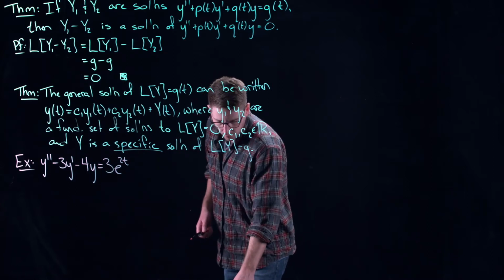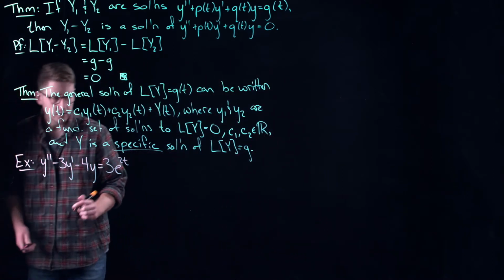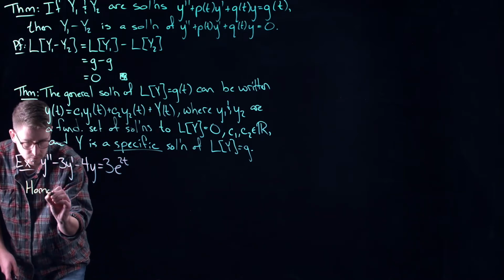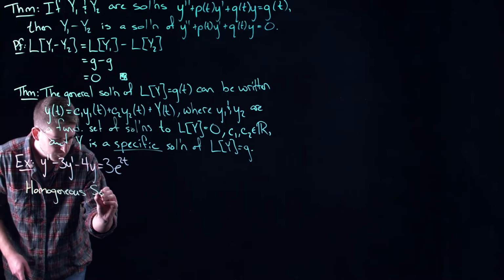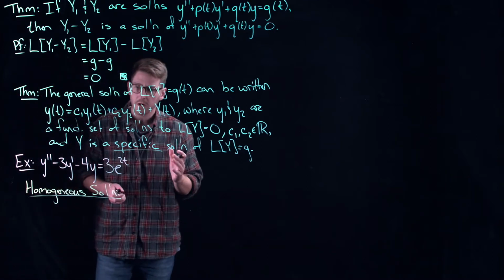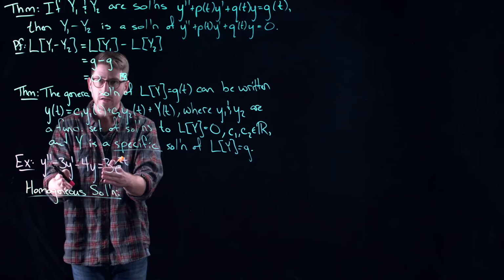Okay, so the first thing that we note here is the homogeneous solution. This is how we should always start these problems. Identify maybe the easiest part of this. Well, the homogeneous solution is obtained by just finding the characteristic equation.